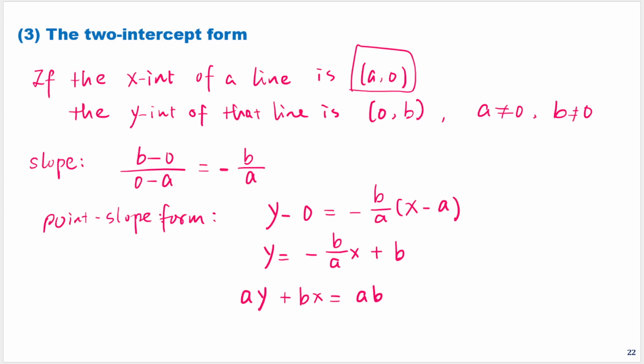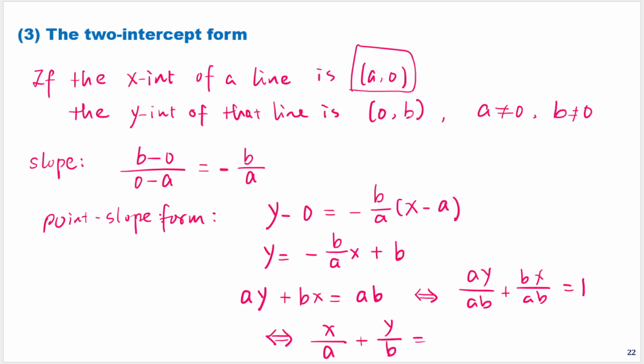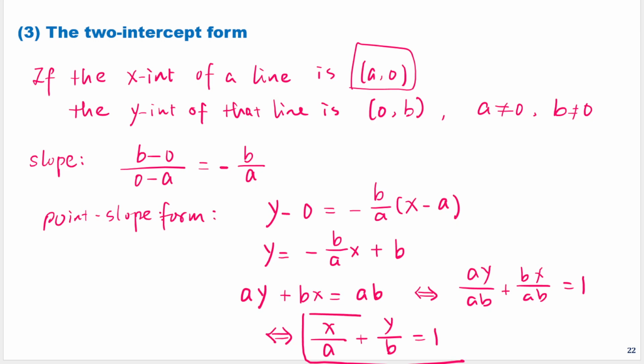And then we could divide both sides by ab because a is not 0, b is not 0. Therefore, the product ab is not 0. And this is equivalent to ay over ab plus bx over ab equals 1, right? And eventually we get an equation like this. x over a plus y over b equals 1. And this is actually called the two-intercept form.